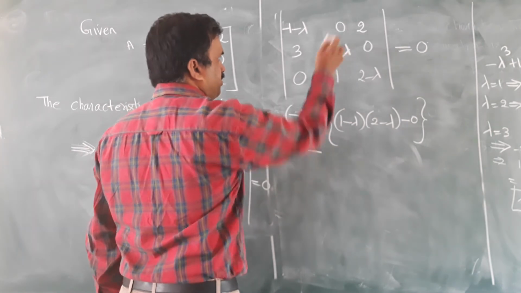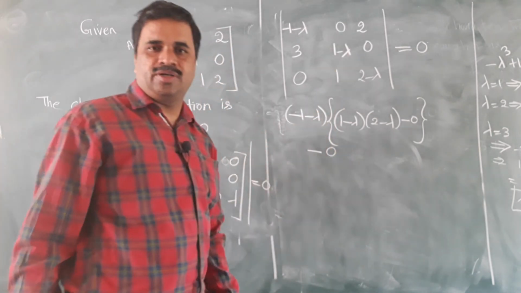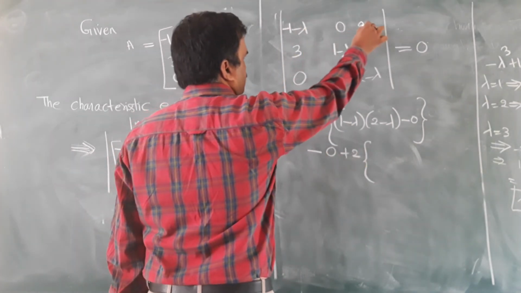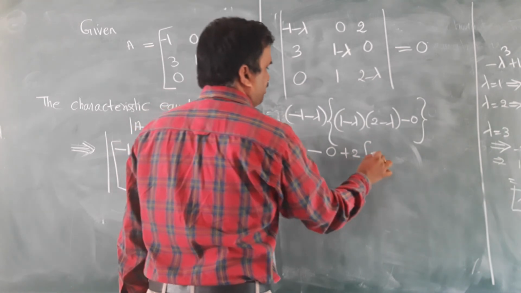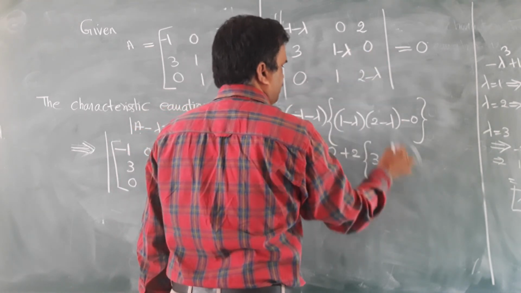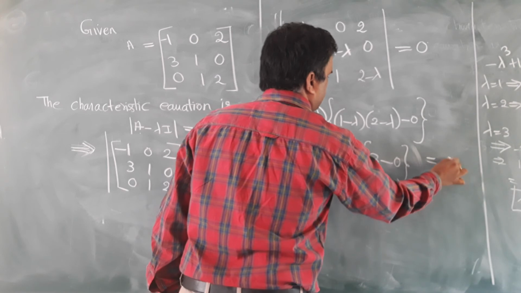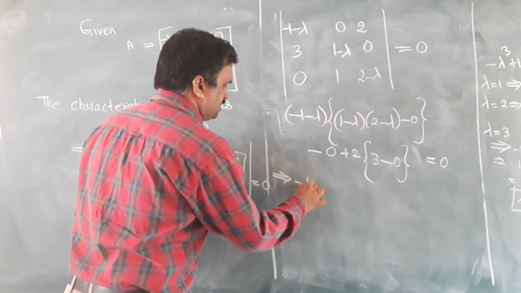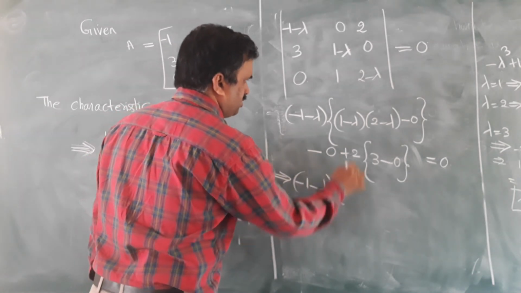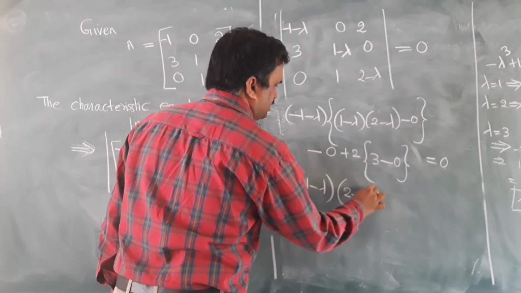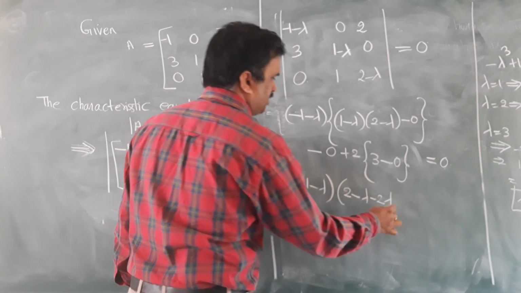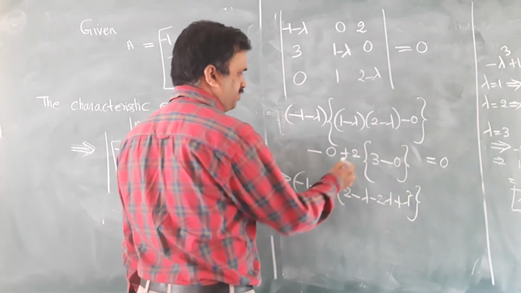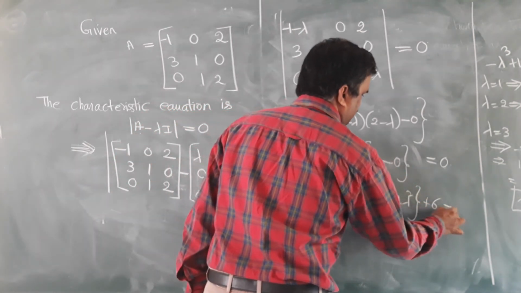Minus the second element, which is 0, and 0 times anything becomes 0, plus 2 times, leaving this row and this column, 3 times 1 is 3 minus 0, and anything times 0 is 0. Simplify: minus 1 minus lambda times (2 minus lambda minus 2 lambda plus lambda square), plus 2 times 3 is 6, equal to 0.